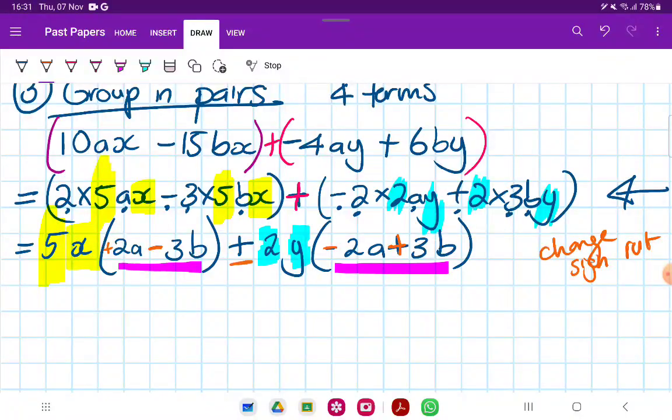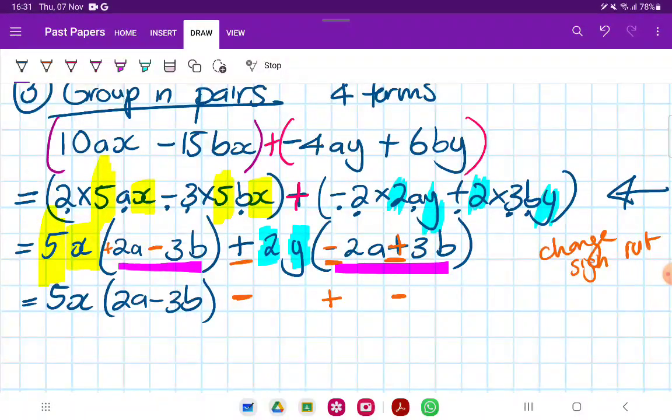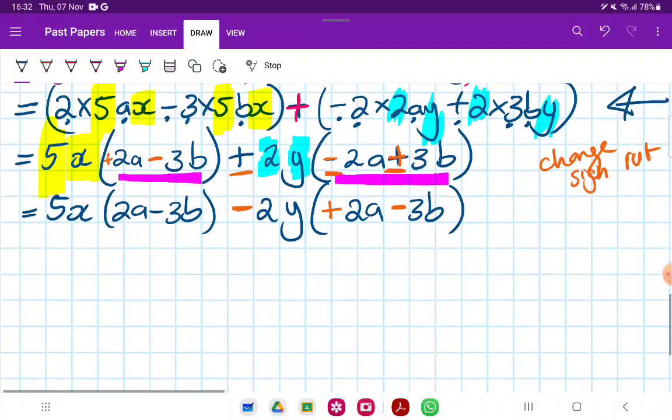So I'm going to change 1, 2, 3 signs. I'm going to say 5x bracket 2a minus 3b. Nothing changes there. Now this becomes negative, that becomes positive, and that becomes negative. Everything else stays the same. Bracket 2a minus 3b, close bracket.